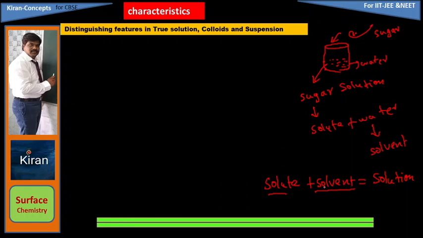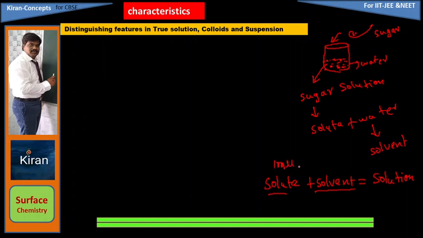Based upon solute particle size, after dissolving of the sugar, you cannot see the sugar particle with your naked eye. It means that at such a minute level, the sugar particle will be broken down and occupy the space between water molecules. That is called dissolving. Here the sugar particle size is less than 1 millimicron.